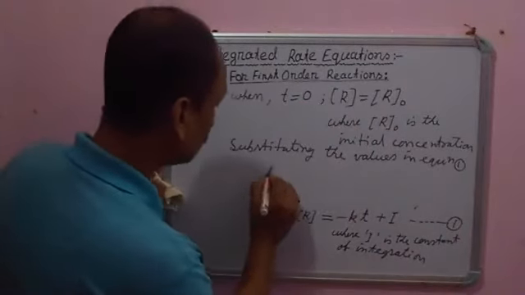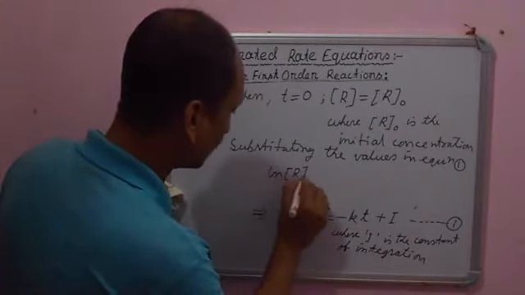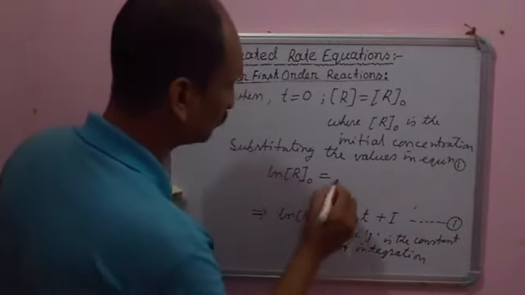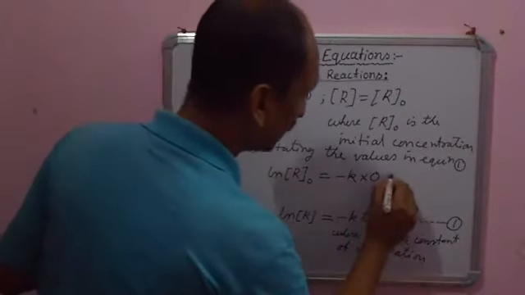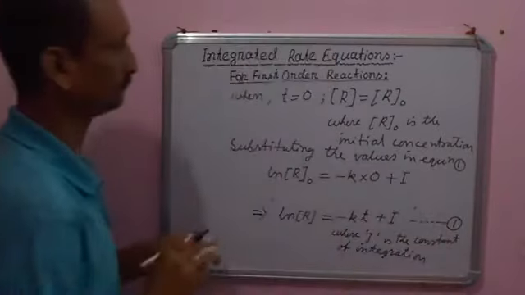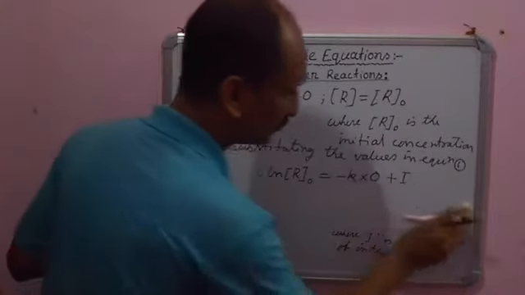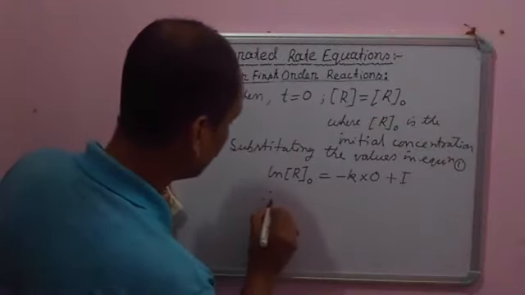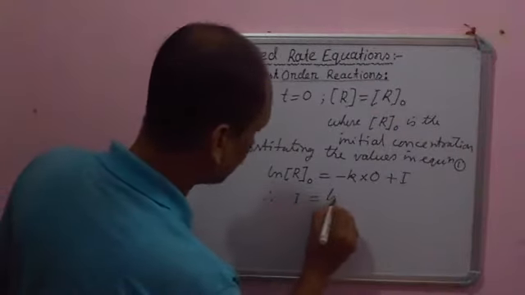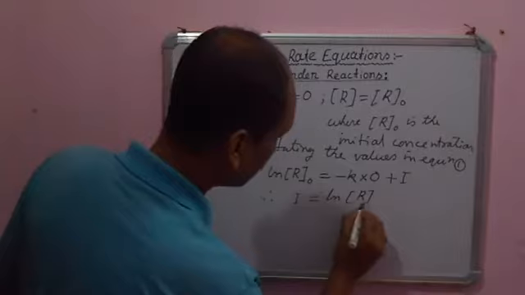So ln of R naught will be equal to minus k into 0 plus I. Therefore here I will be equal to ln of R naught.